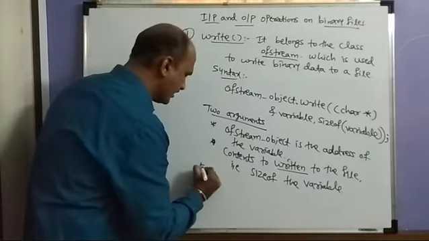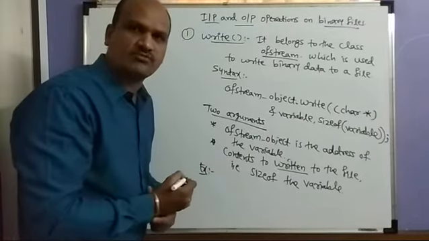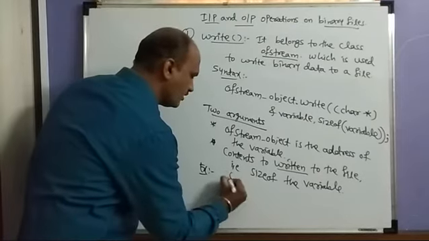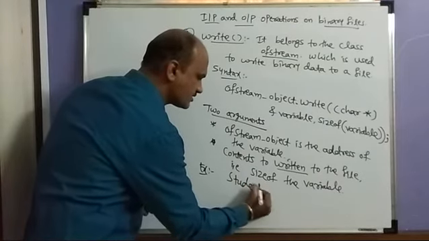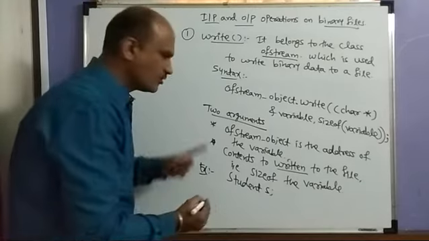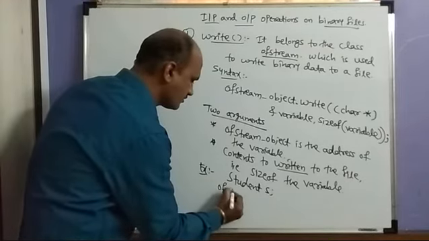If I show an example, in a small example, we define a student S. We go to the ofstream object first.